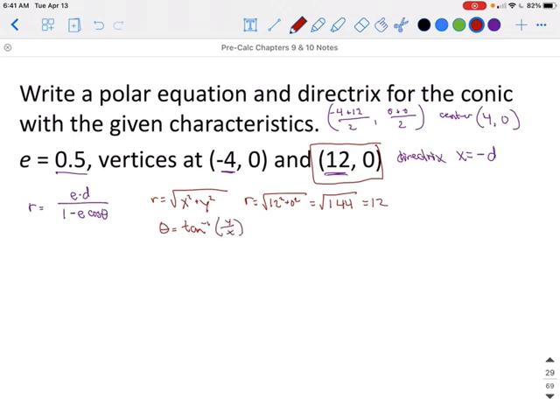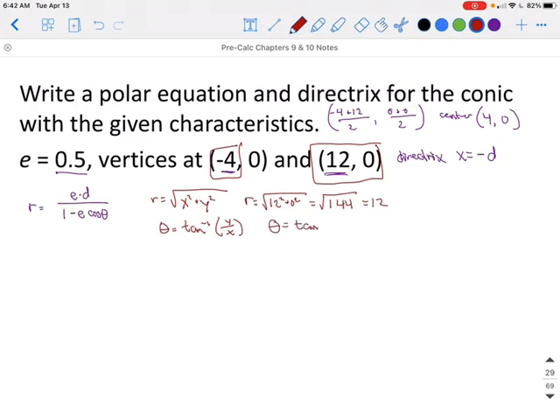Now we picked the positive one because it's to the right, but remember, if we would have picked the negative one, when you're finding the inverse tangent, because that x is negative, we would have had to add 180 degrees if we were going in degrees, or we would have had to add pi if we were in radians to our equation there.